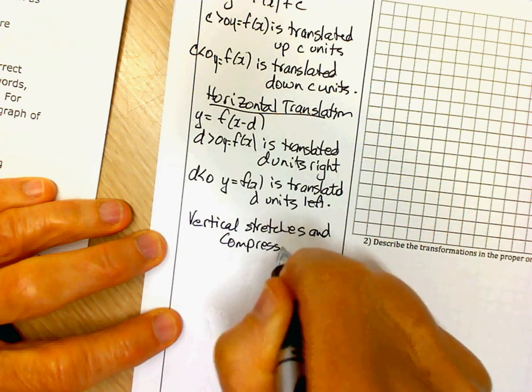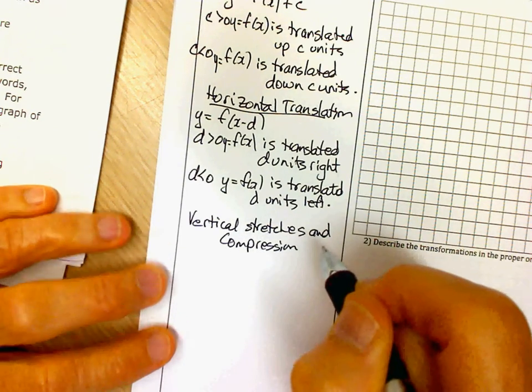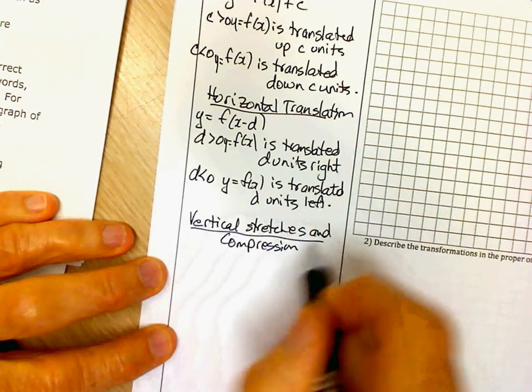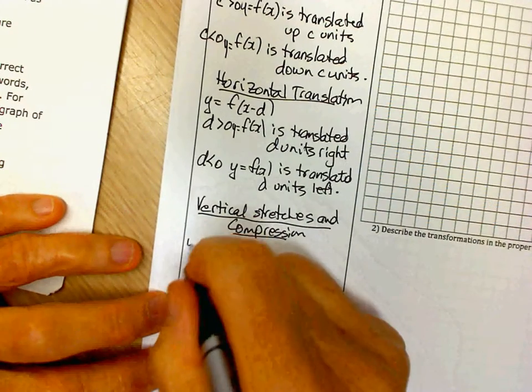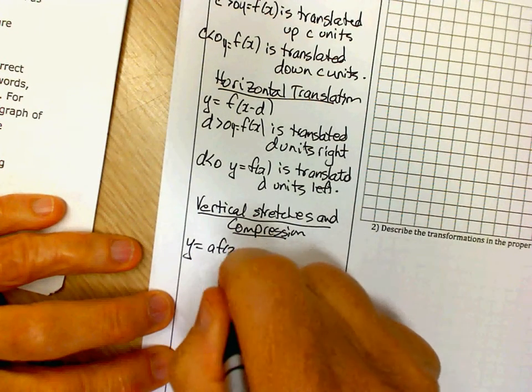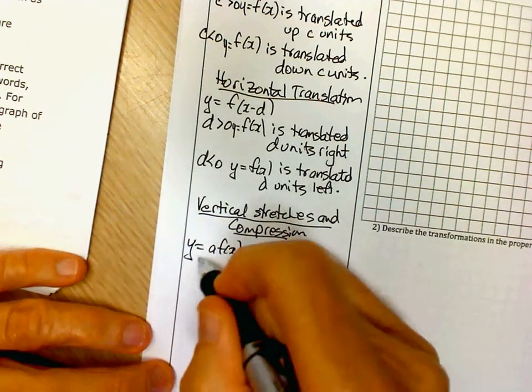Vertical stretches and compressions. If you have y equals a f of x, if the absolute value of a is greater than 1, you get a vertical stretch by a factor of a.